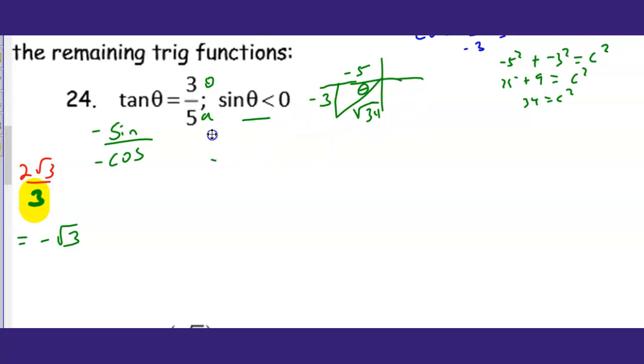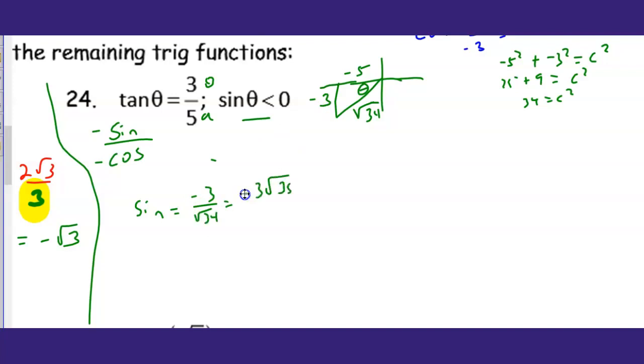So now I'll just look at all my rules. Sine is -3 over square root of 34, which we rationalize. -3 square root of 34. Oh man, I almost put 5. Over 34, all over 34.